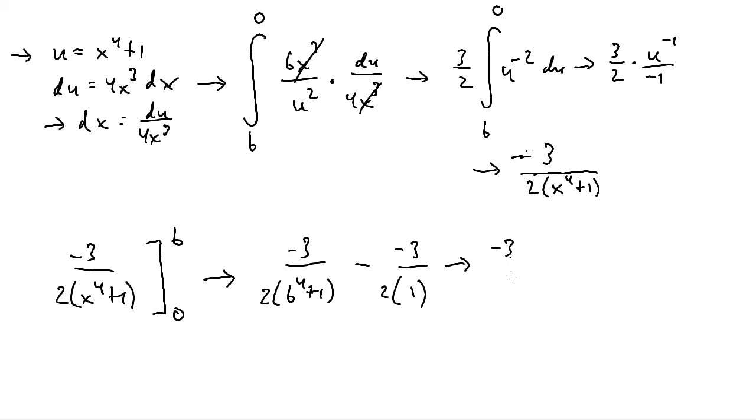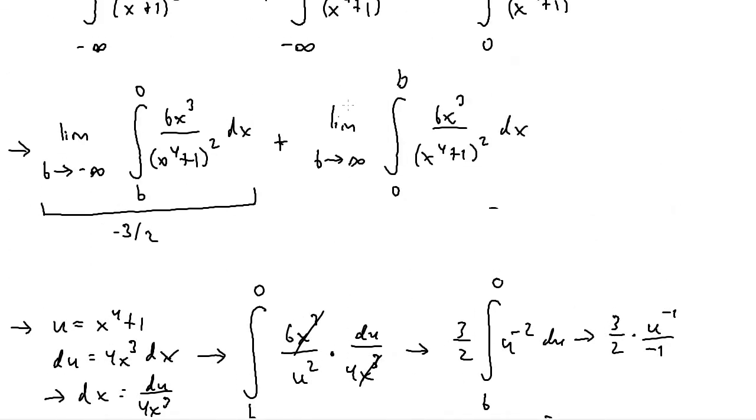Then we get negative 3 over 2 times (b to the 4th plus 1). Since there's a negative and a negative, I can make that a positive. So we get plus 3 over 2 times 1, which is 2. So we get 3 halves.